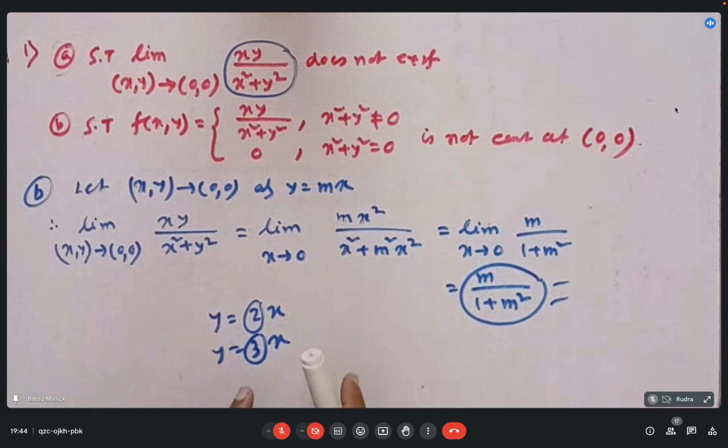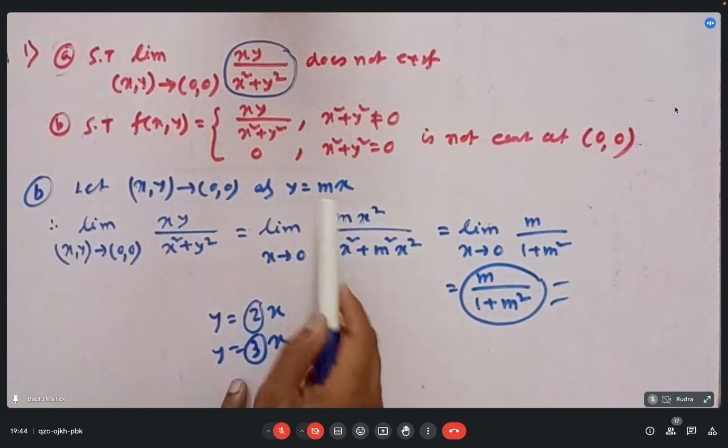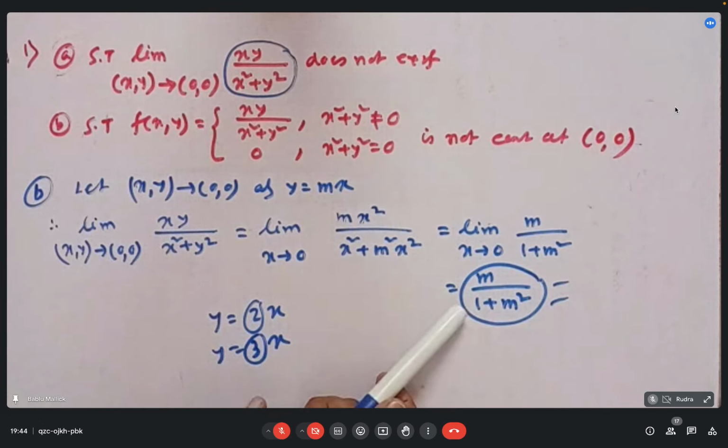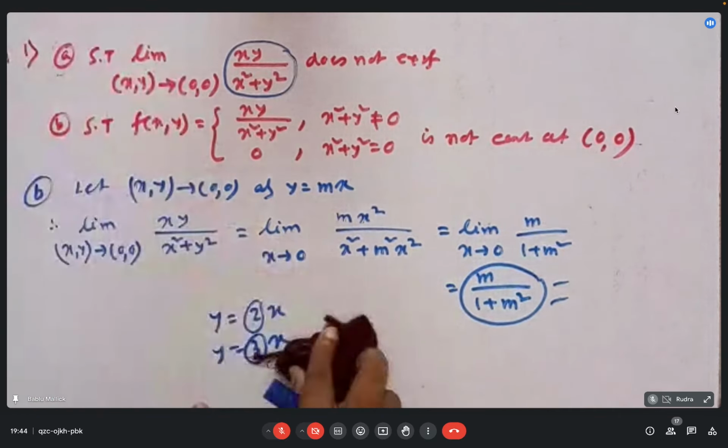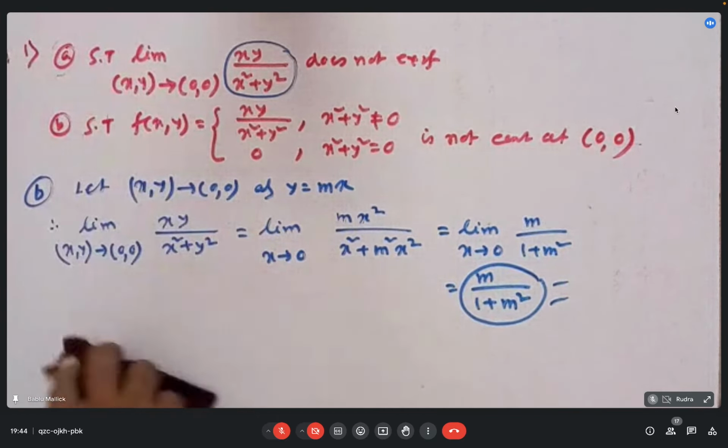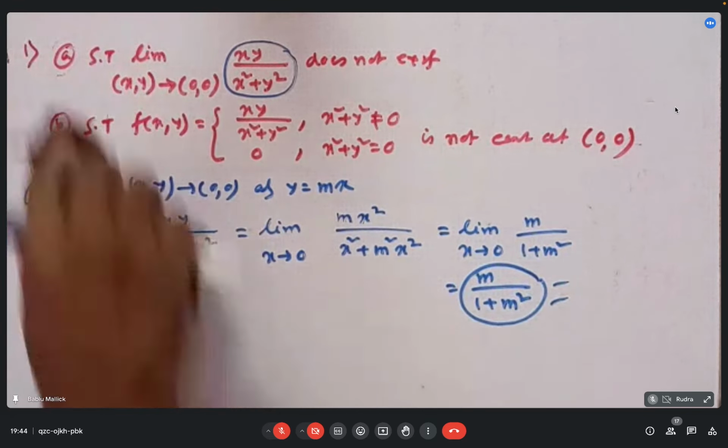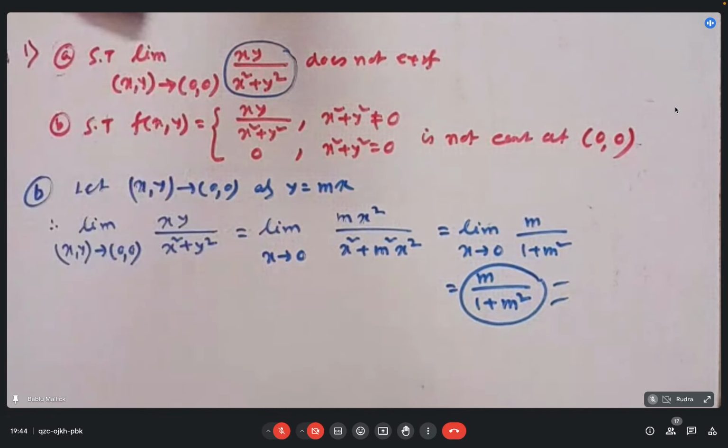So for different values of m, this value is different. Therefore, the limit does not exist.